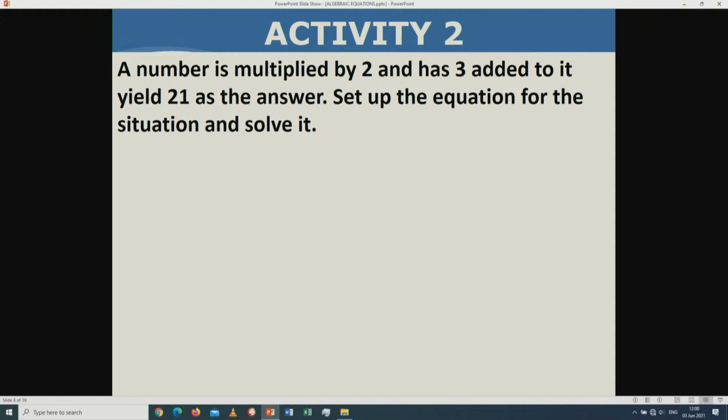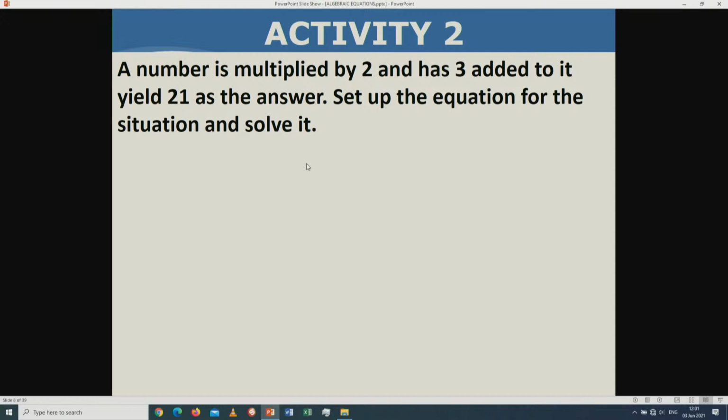Two minutes to go. 1.5. A minute. I should think you are done. Let's have a look at the solution now.